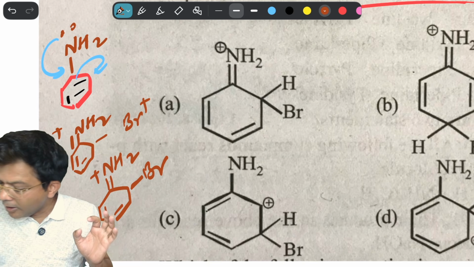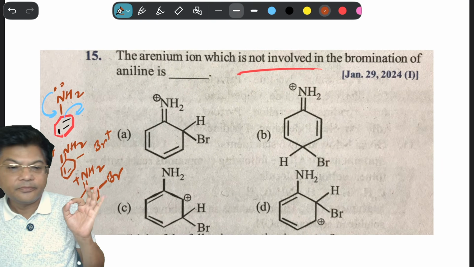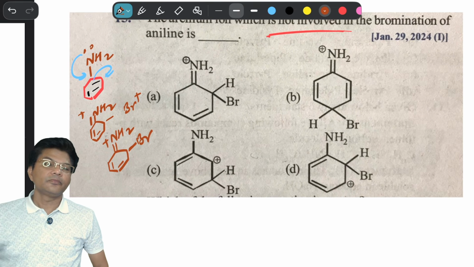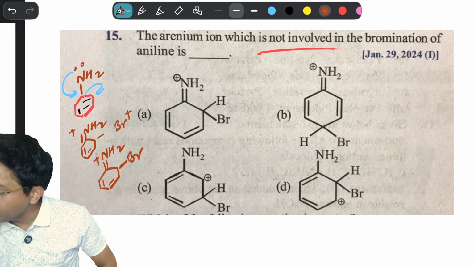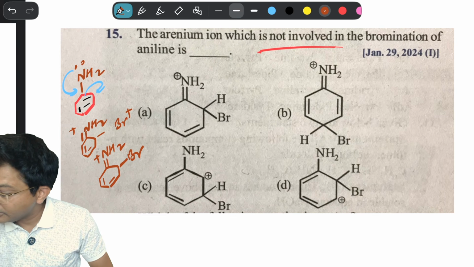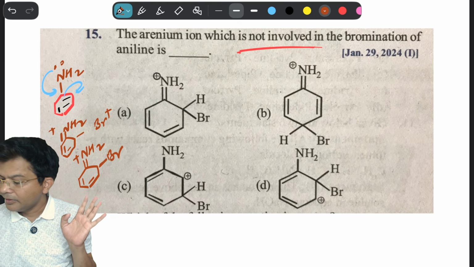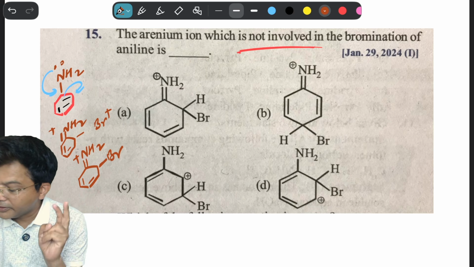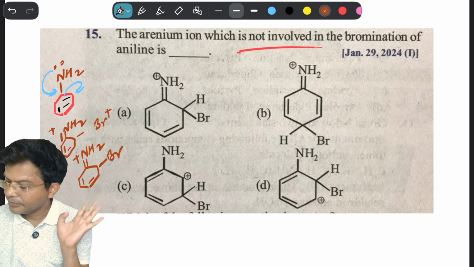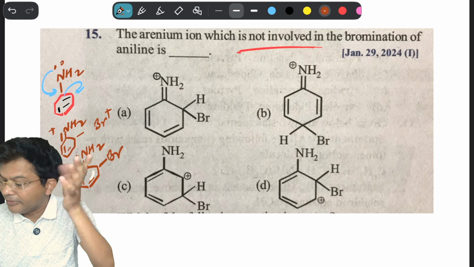Okay, now what they are writing, the arenium ion, can you see what I did? The arenium ion which is not involved in the bromination. So nitrogen will have a plus charge everywhere. So the first one is correct. Now if it is going to attack on para, then the second is also correct.